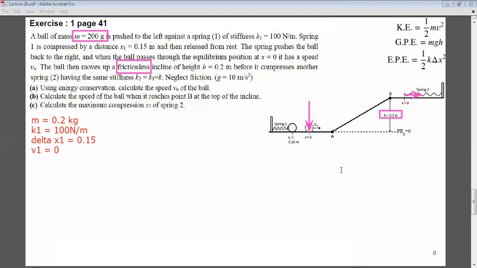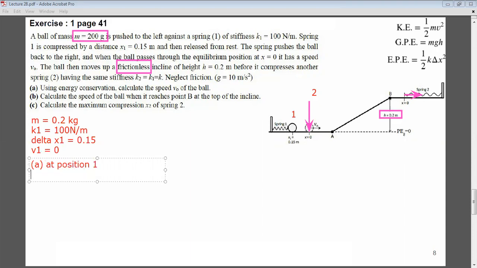So we have information about what is happening when it is compressed. Let's say this is 1 here, and this is 2 here. So what's happening at position 1? What do we have?